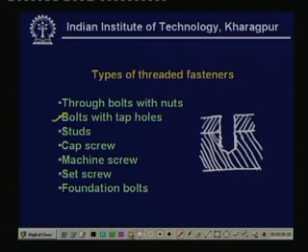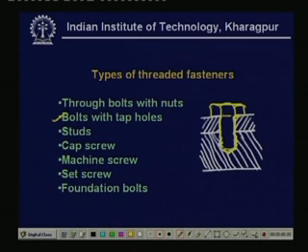And then what we do is we insert what is known as this bolt again. So, this is a tap bolt. We insert this one, and now this is a secure joint. So, this is bolts with tap hole.